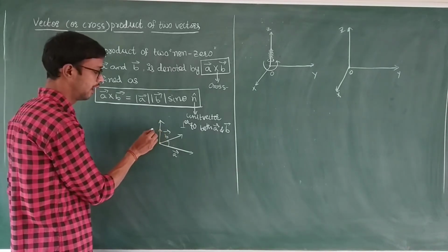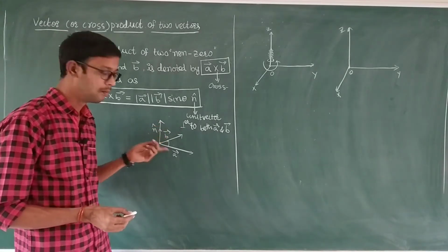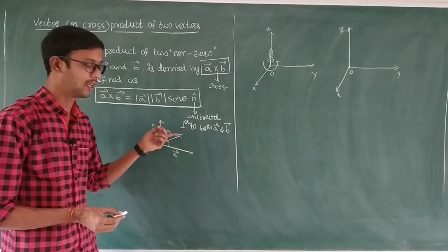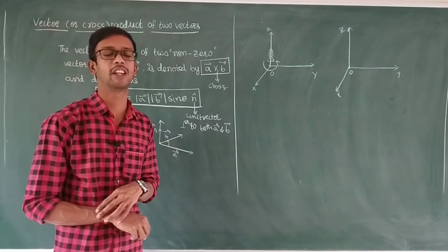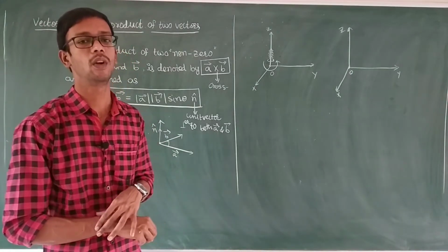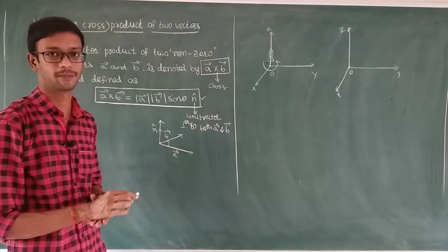This is n cap. n cap is a unit vector which is perpendicular to both vectors A bar and B bar. This is the main definition.